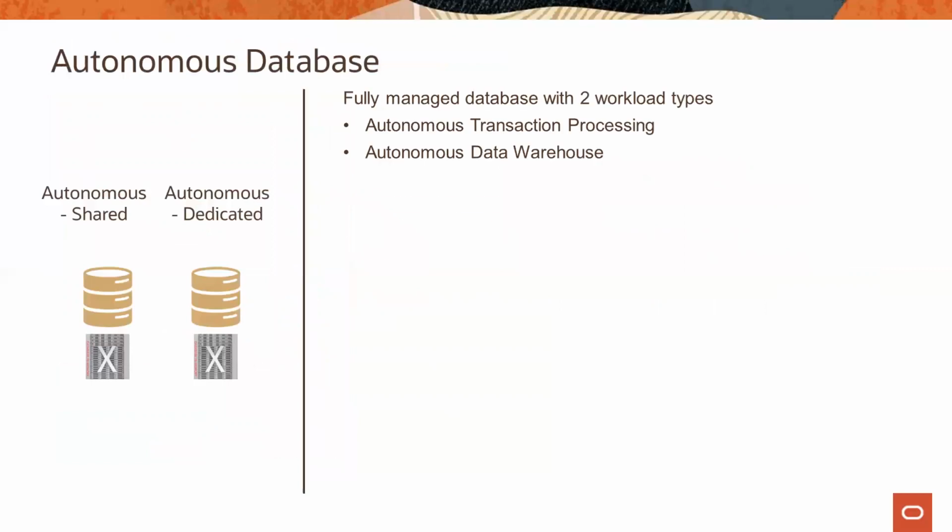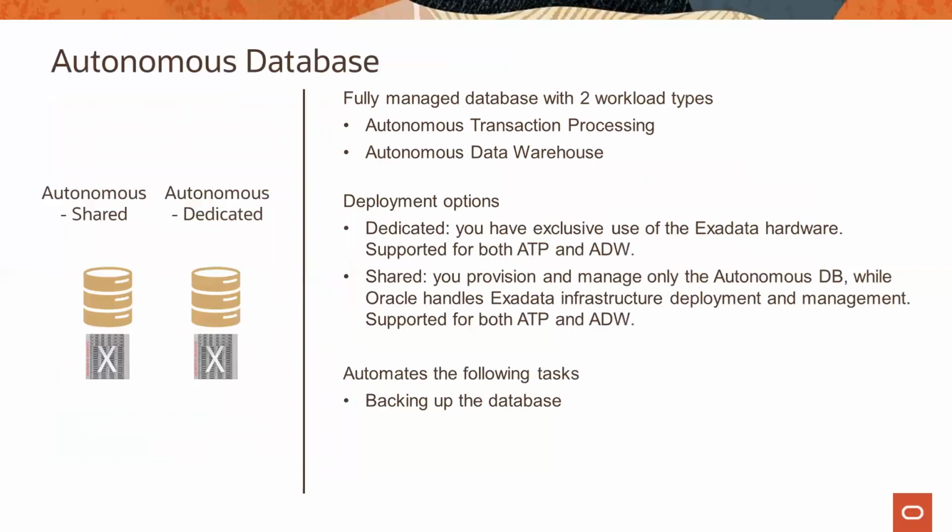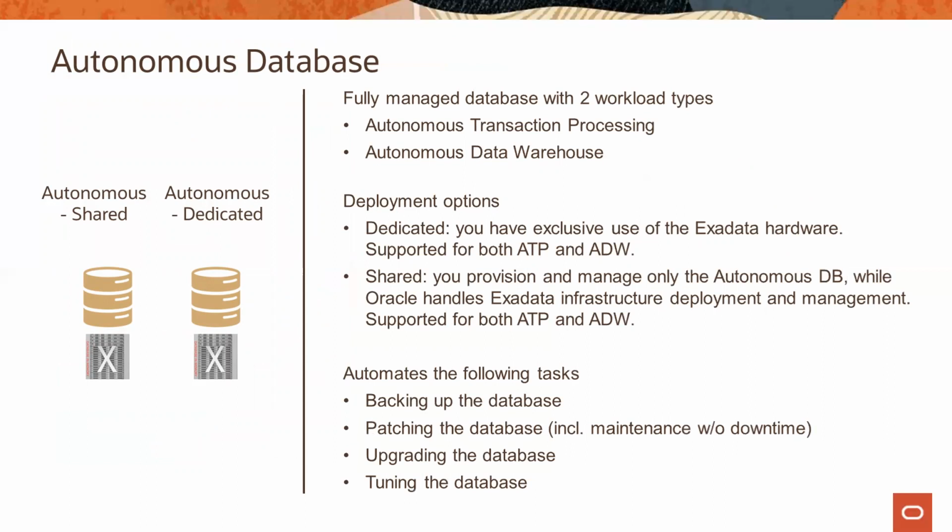Okay, then you have the autonomous database. You just need to understand its different features. There are two types of autonomous databases, ATP and ADW. ATP is for online transaction processing, ADW for data warehousing. You have two deployments, dedicated or shared. Dedicated is when you get all the Exadata hardware for yourself.